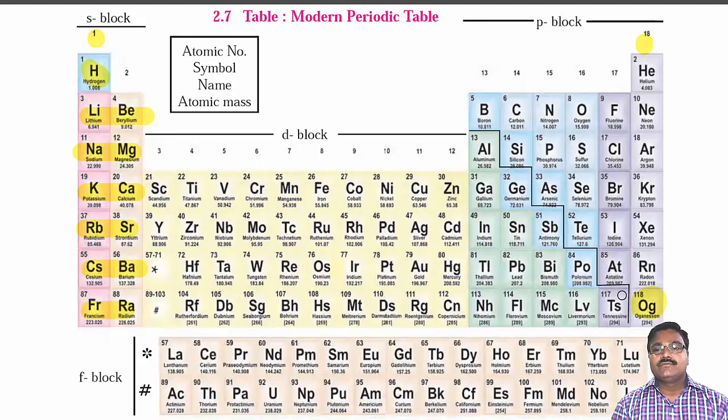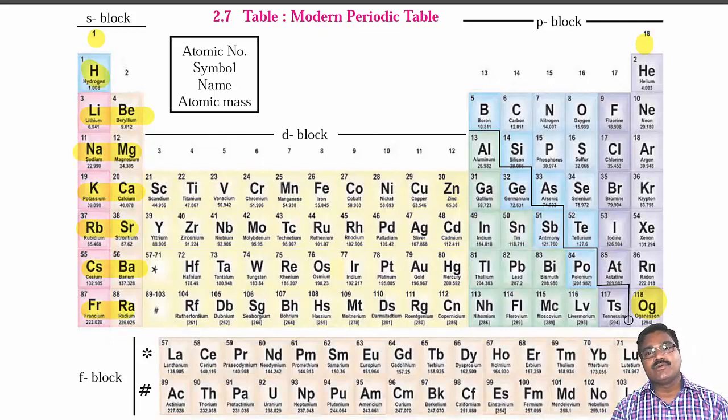Along this zigzag line you will see boron, silicon, germanium, arsenic, antimony and tellurium. All these elements are metalloids.